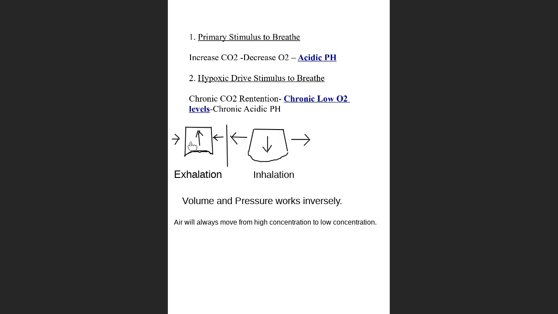Now, with that said, it simply means that when we breathe in with negative pressure, and when we breathe out with positive pressure. So that's the movement of air.